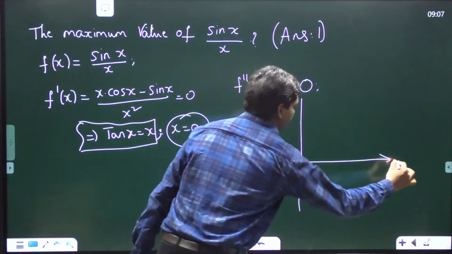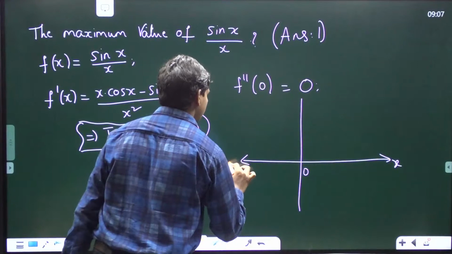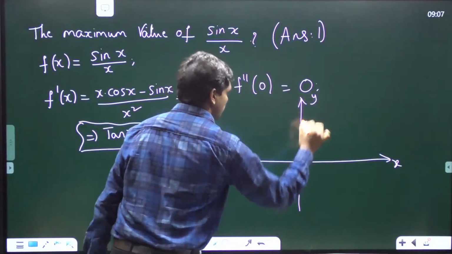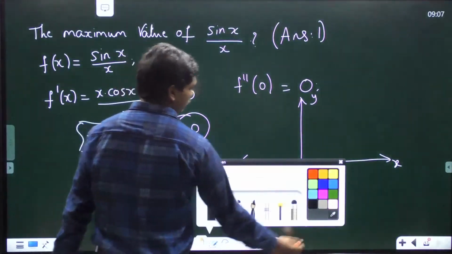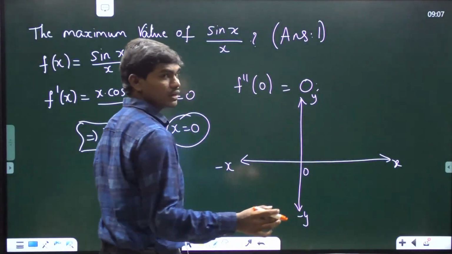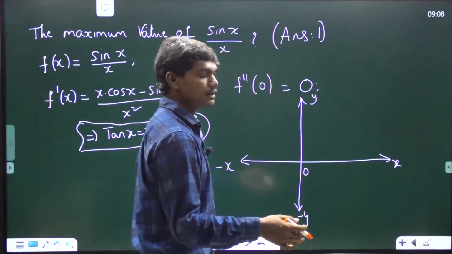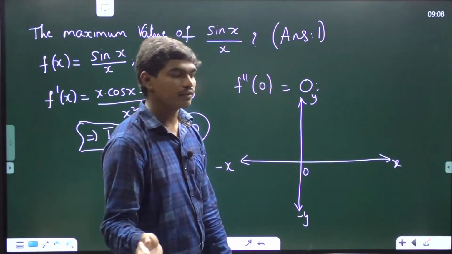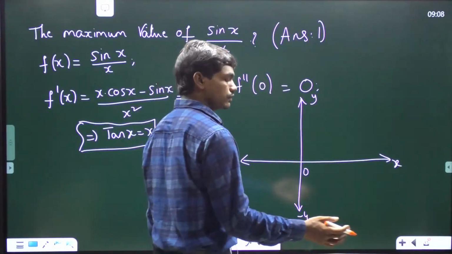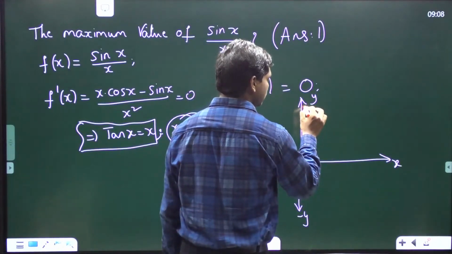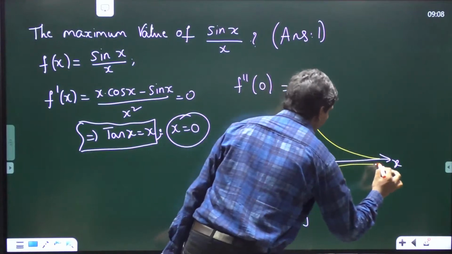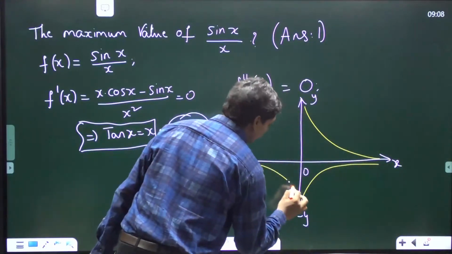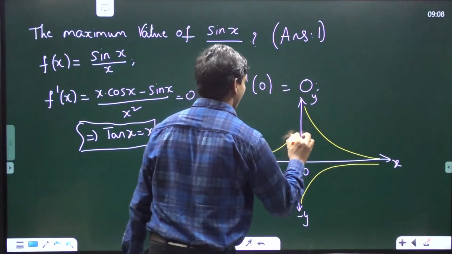0, x, minus x, y, minus y. Now I told you that day, if someone is not there at that moment, I request you to please go to the beginning 15 minutes of the second lecture, which was in engineering sub channel. You can go over there. So first of all, these are the lines y is equal to 1 by x and y is equal to 1 minus 1 by x that we drew on that day.